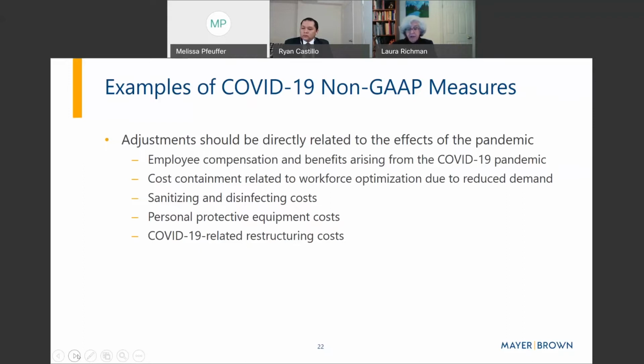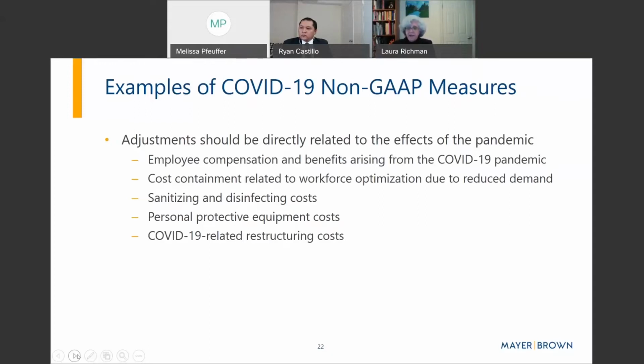There's PPE costs. Some companies have restructuring charges. Some companies have had lease or contract termination costs or facility costs when they're shut down. So be specific. COVID-19 has touched so many different aspects of a company's business, and the types of impact may vary across companies, even in the same industry. So simply saying a COVID adjustment isn't enough.